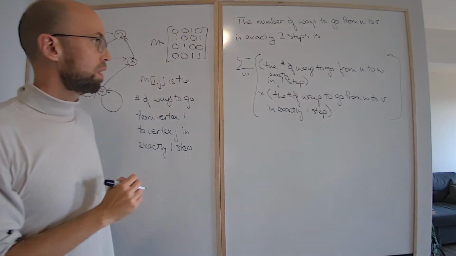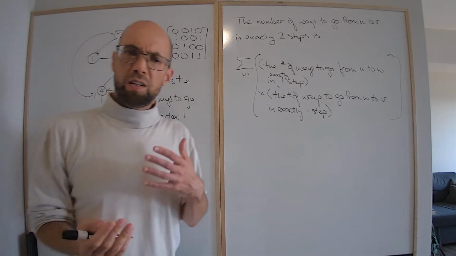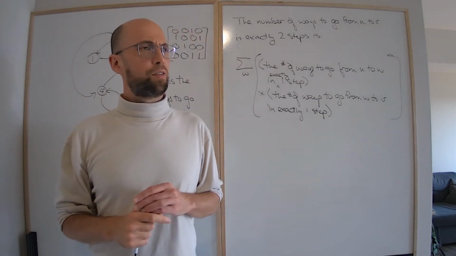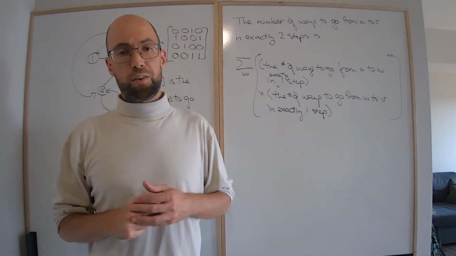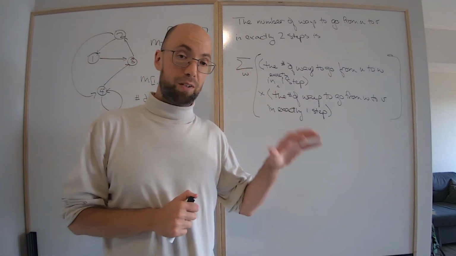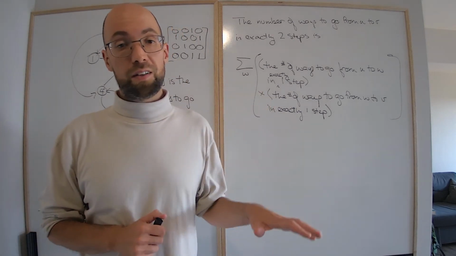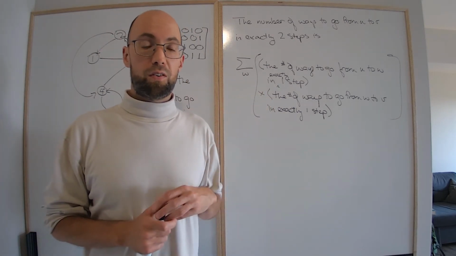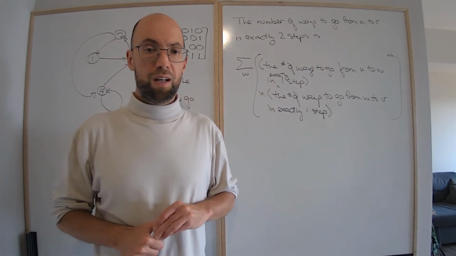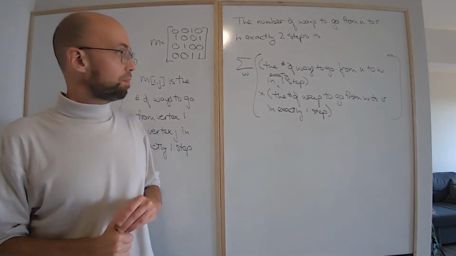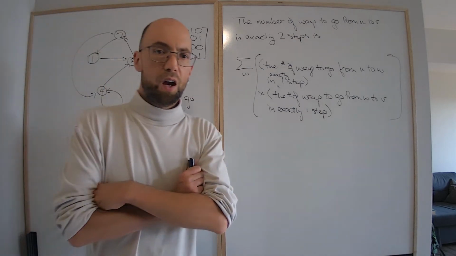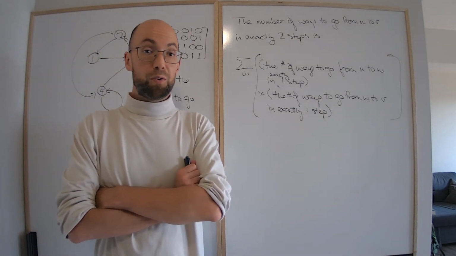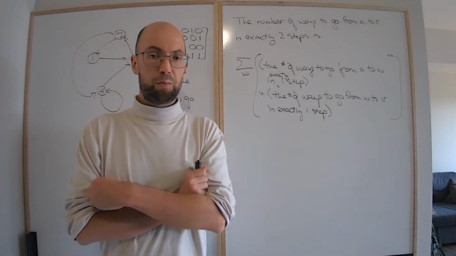Okay. So does this start to feel sort of like counting the 3-colorings, where I said the number of ways to 3-color Nova Scotia is the number of ways to 3-color Cape Breton Island times the number of ways to 3-color the mainland? Because this is pretty much the same thing. You think, suppose I can get from U to W. There are 5 ways for me to do that.